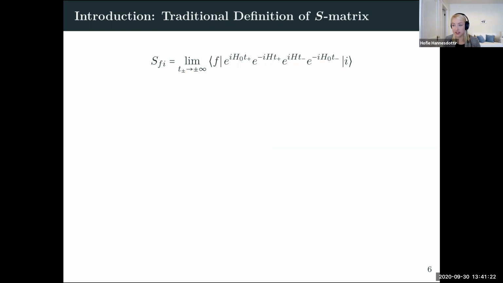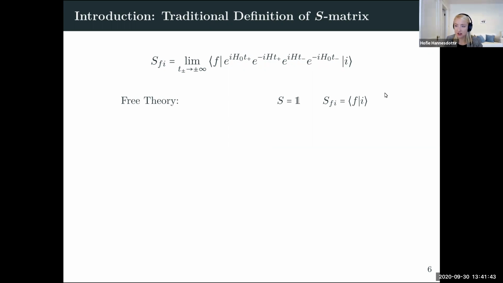If we use this definition, let's do some simple checks on it. Let's start with the free theory. What happens there is that the full Hamiltonian is the same as the free Hamiltonian. So S just becomes equal to 1, and the S matrix elements between two states f and i is just their overlap.